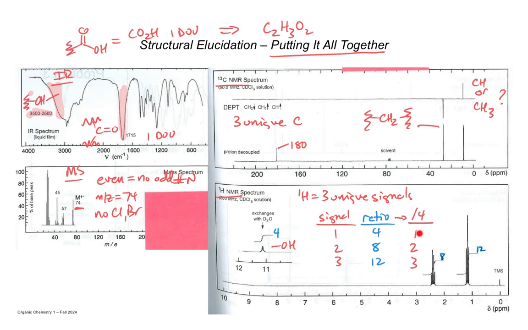So the 1 hydrogen belongs to the OH. 2 hydrogens belong to the CH2 group, which we got from the carbon data. And then the last signal has to be a CH3 group. So these are the fragments we're dealing with.